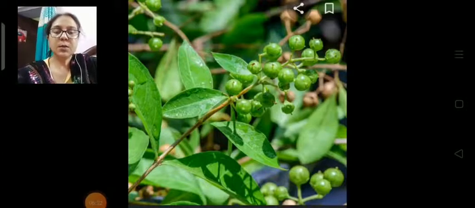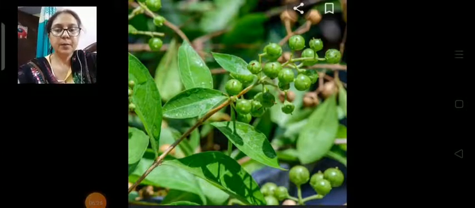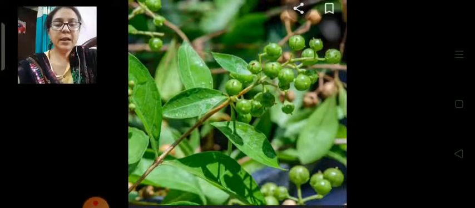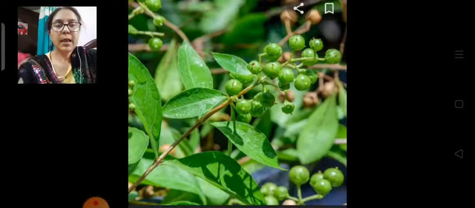Children, you must have heard about henna. People have been using it as a natural dye on their skin and hair for centuries.